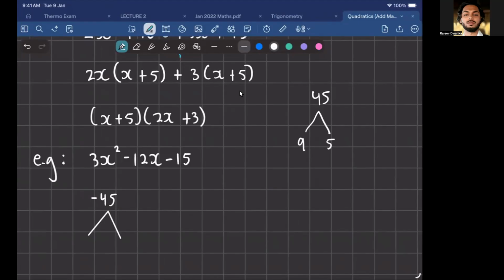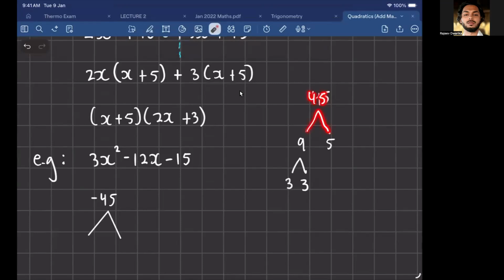Let me show you something, right? Anytime you're having trouble coming up with possible factors, here is what you could do. So 9 is 3 by 3. For 45, the prime factors in this case will be 9 and 5, right? And then 9 could break up into 3 by 3. You can't break it up anymore. Are you with me?